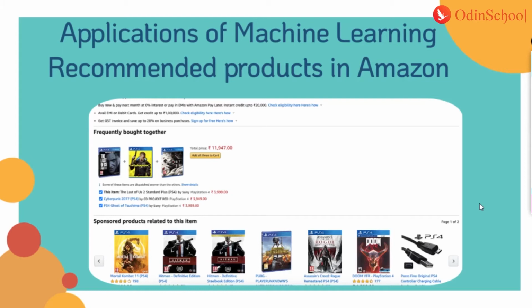It's again part of machine learning, because it understands the language. It is called natural language processing. Based on the different search history it has, it gives you the correct words or the correct results. So that is again part of machine learning. Be it anything, machine learning is there at the back end.